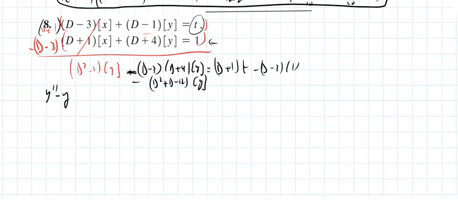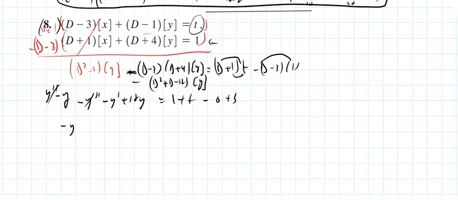So that would be negative y double prime minus y prime plus 12y equals, and the derivative of t is 1 plus t minus the derivative of 1 is 0, negative and plus 3. So I have, oh, they cancel out.